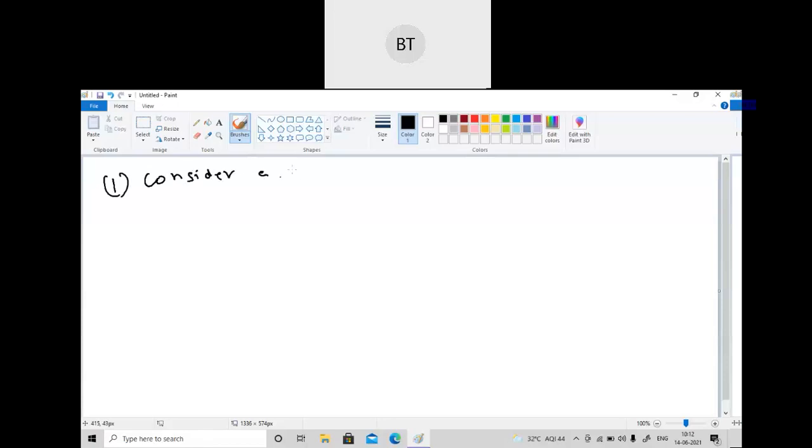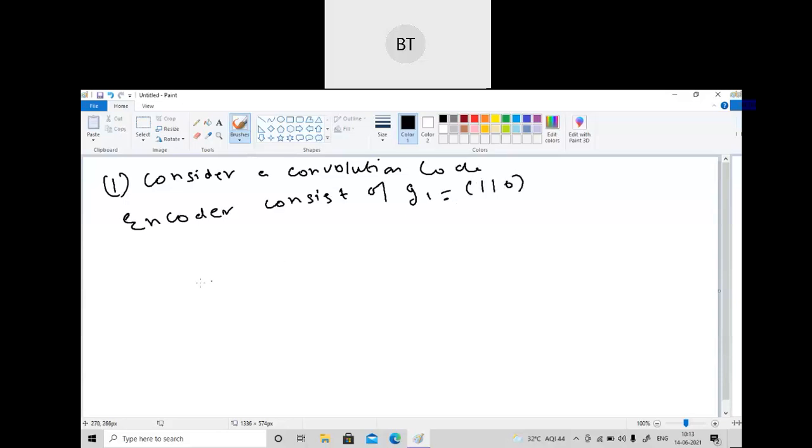Consider a convolution code encoder which consists of G1 given as 110 and G2 given as 111, and the message signal is given as 10100.